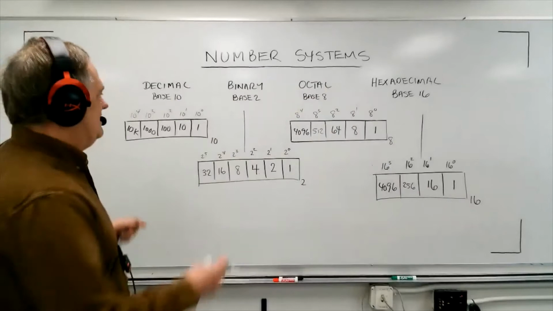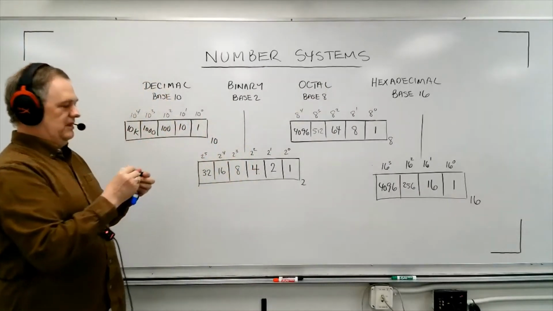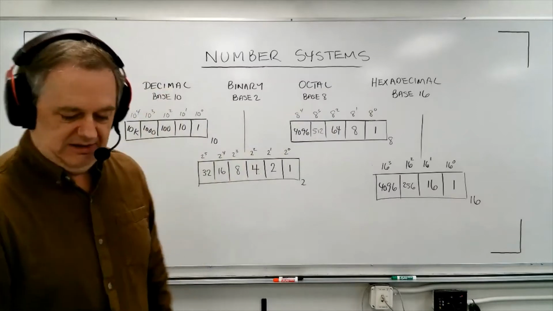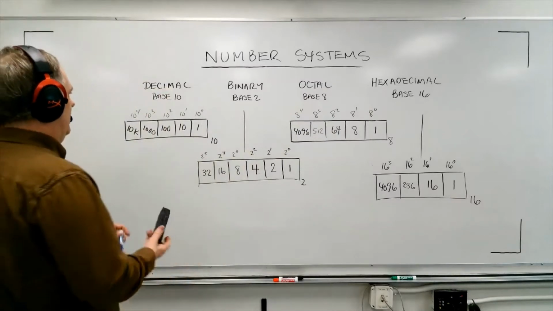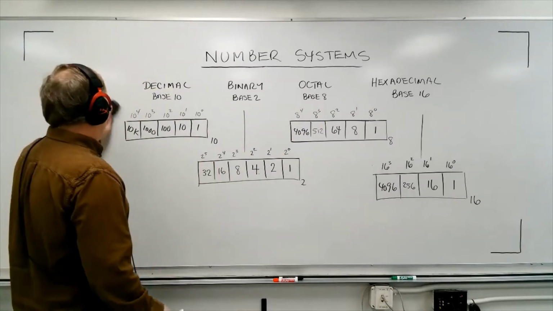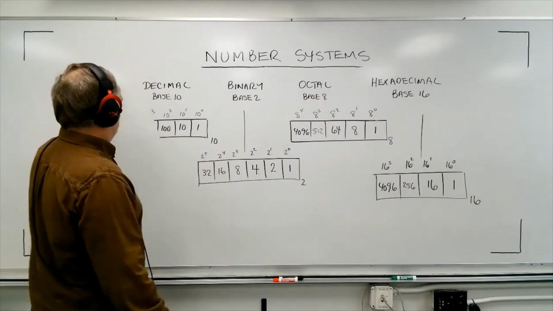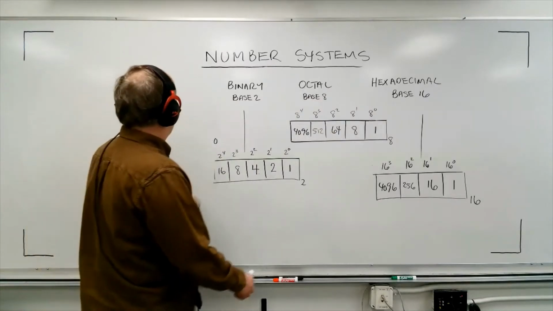Now that we have an idea of this value per position in a number, let's look one by one at these bases, and I'm going to show you a little bit how to calculate what the numbers will be, and then we'll talk about converting after that.